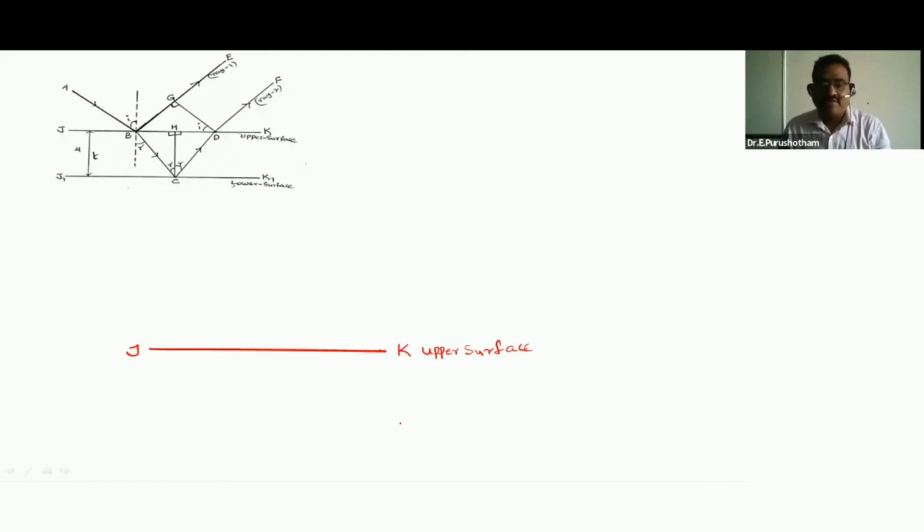I am going to take another one. This is the lower surface. This is J1, K1. This is the lower surface.